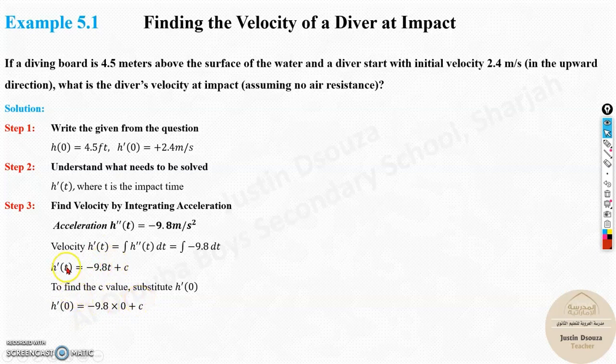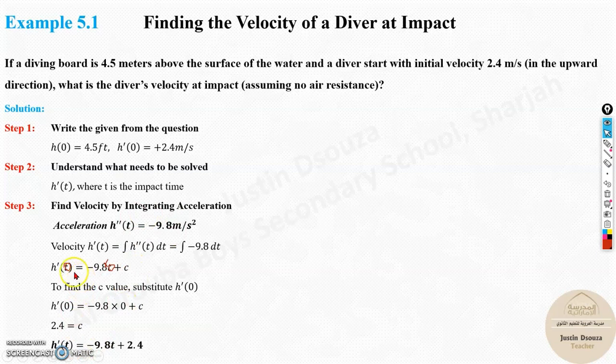So instead of t we make t equal to 0, that is the initial time. Because we know when t is 0, h dash is 2.4. So instead of t we put 0, and over here we put 2.4. Now solve it. 2.4 equals 0 plus c, so c is 2.4. This is the constant value.